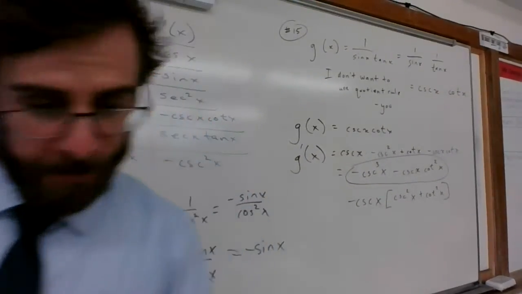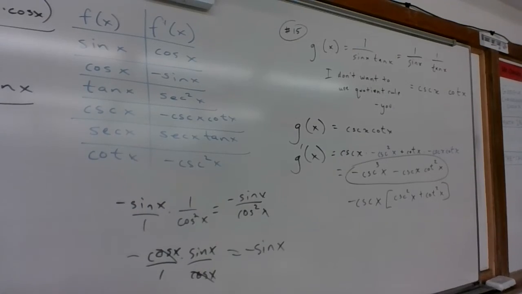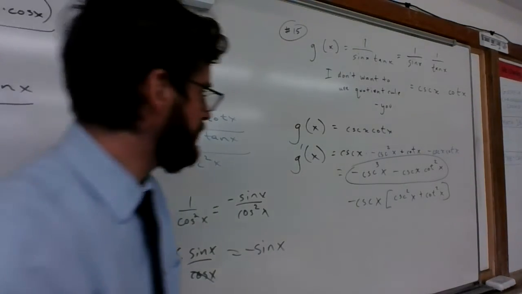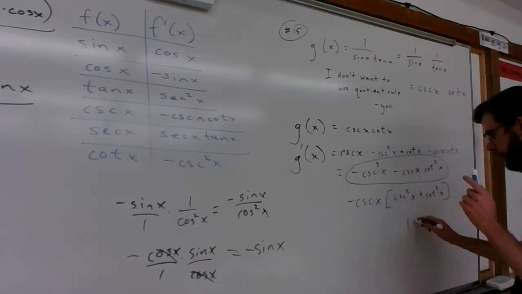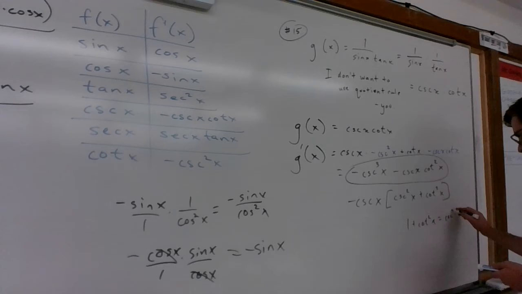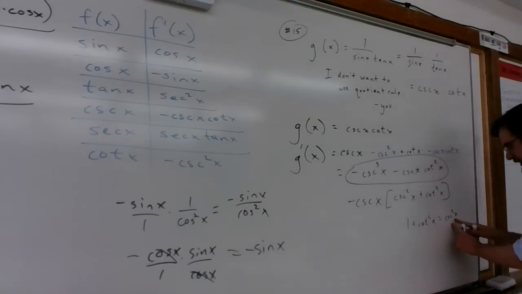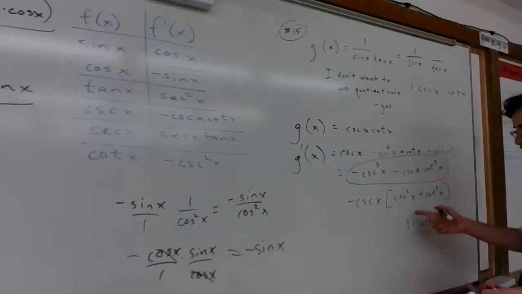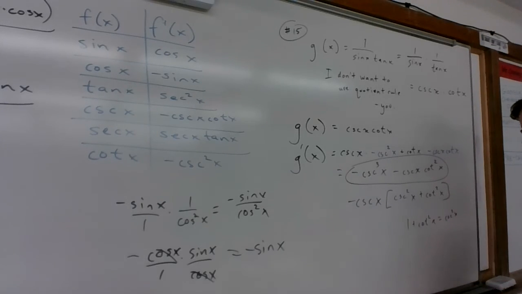But when I check out the Pythagorean identities, it's supposed to be 1 plus cotangent squared equals cosecant squared. I can only get cosecant squared minus cotangent squared out of that. So this actually doesn't give me anything more. Or does it?